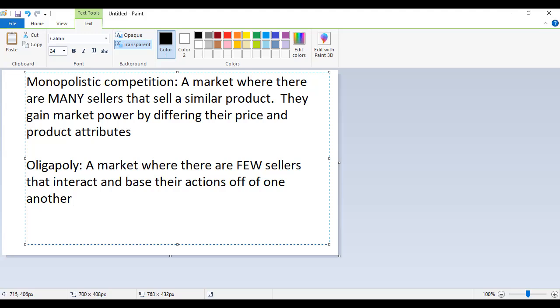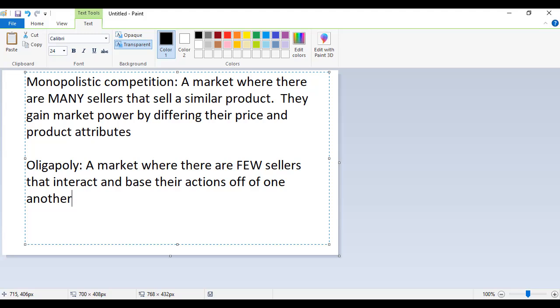Let's say Samsung is about to release a new phone, then Apple's going to release a new phone. They kind of base their decisions off one another. Another industry that's relatable is the console industry. There's basically just Microsoft, Sony, and Nintendo, and there's also PC, but whatever. They're all basing stuff off of each other. Like when Sony slashes the price of the PS4, the price of the Xbox One will also go down because Microsoft wants to stay competitive with Sony, and Nintendo's off doing their own thing. So those are some examples of an oligopoly.